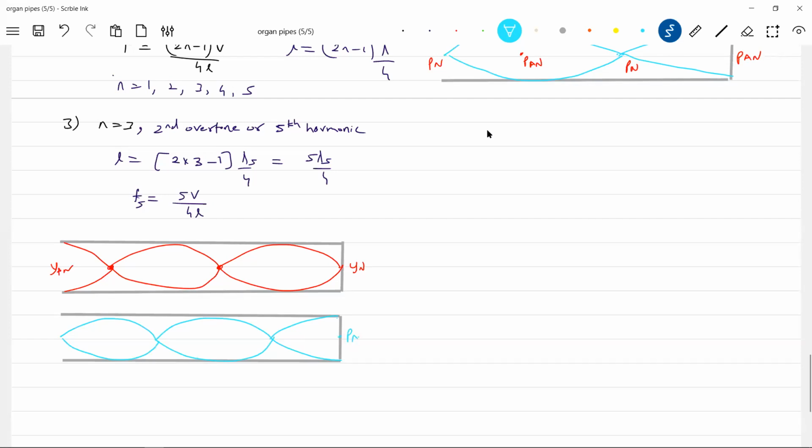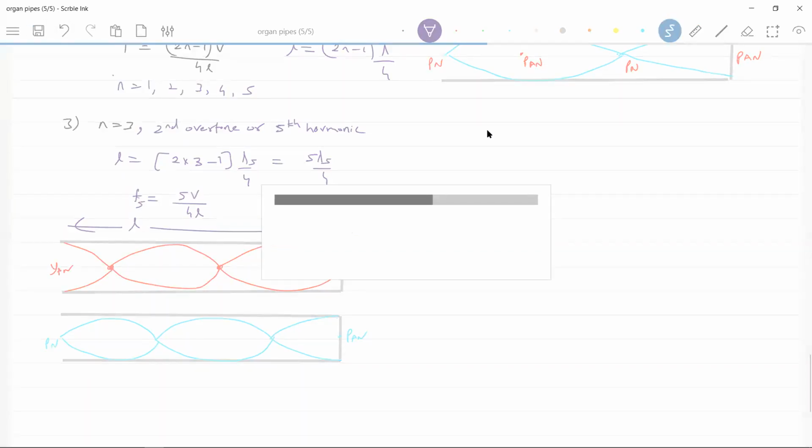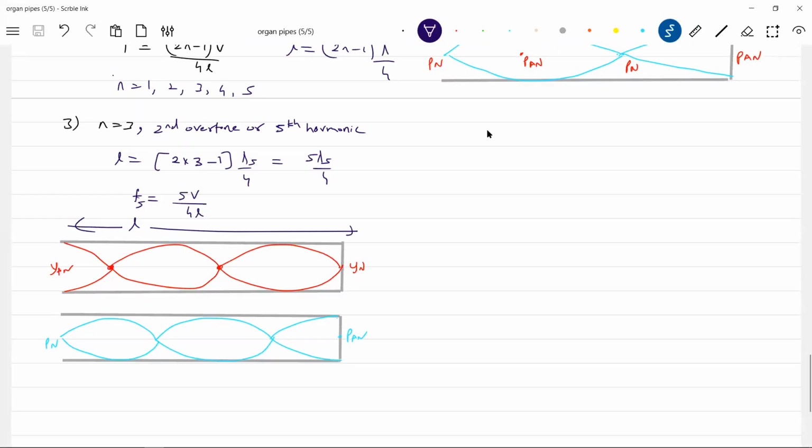There's a pressure antinode, pressure node. So these are the resonant frequencies we are representing. This is called the second overtone or fifth harmonic. The even harmonics are absent. Just be careful about the names we give.